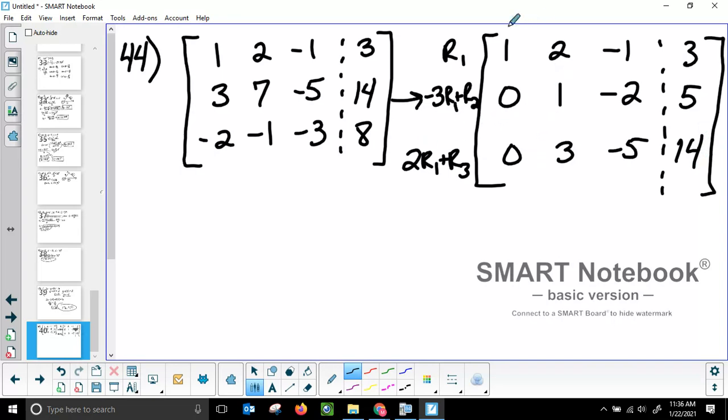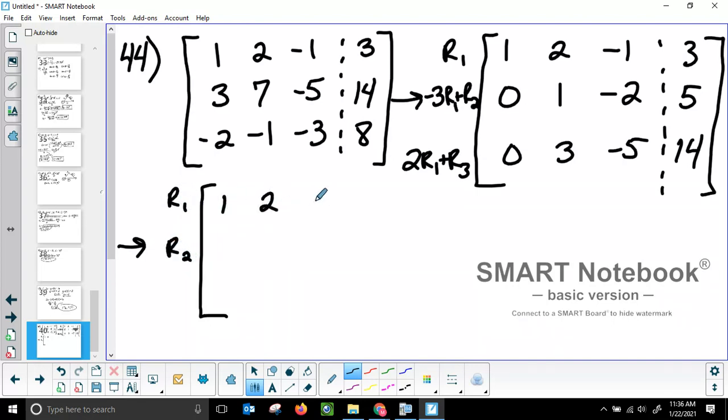So one time through, I got my first column how I want it. All right. Yeah, with just Gaussian elimination, I don't have to worry about these being zeros. Okay. As soon as I have 1 and a bunch of stuff, I'm good. As soon as I have 0, a 1, and some stuff, I'm good. So my row 1 and my row 2 are fine.